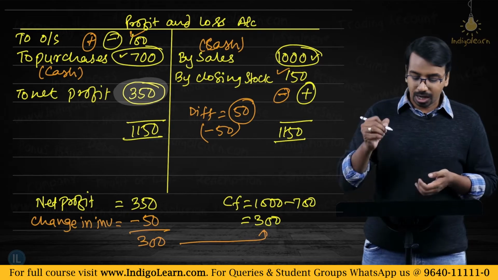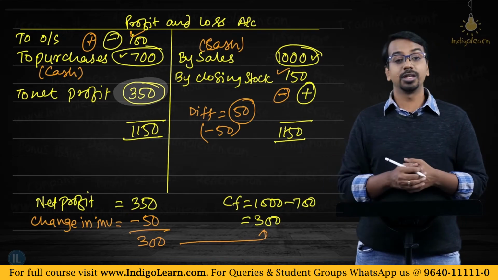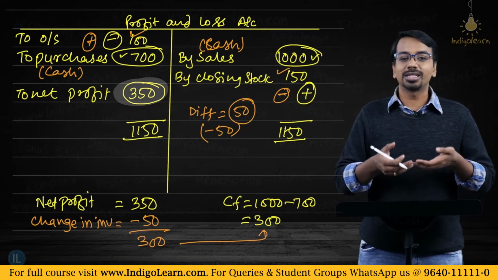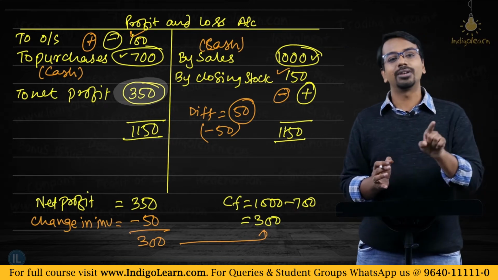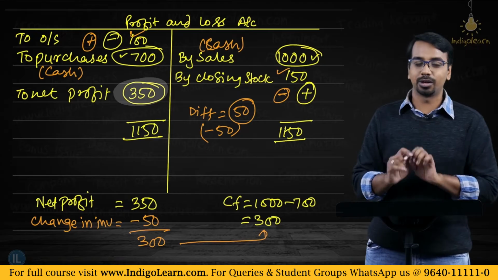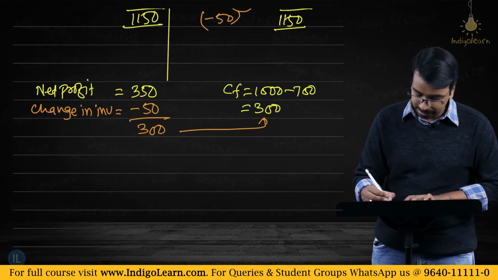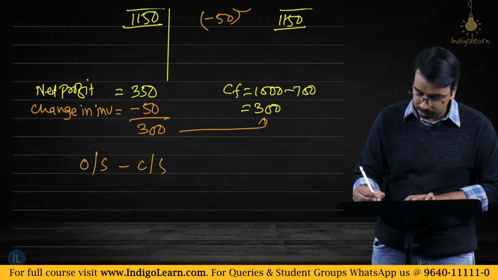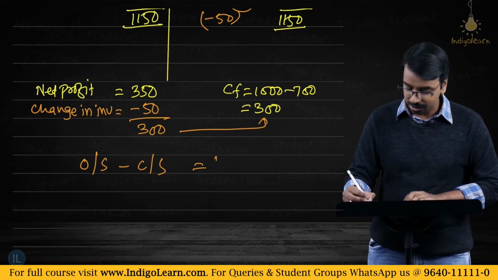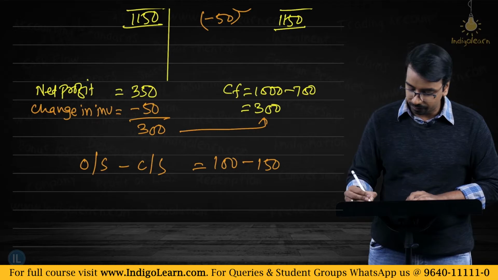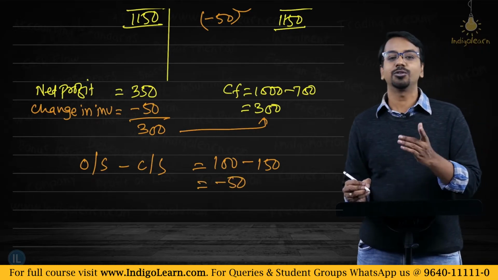In our example, 100 was the opening stock, 150 is the closing stock. Since closing stock is higher, my net profit will also be higher. To bring that down, I will have to reduce. So, a simple formula to remember this is, if you simply say opening stock minus closing stock, whatever the number comes, that has to be adjusted. In our case, it was 100 minus 150, so minus 50 you have to reduce.